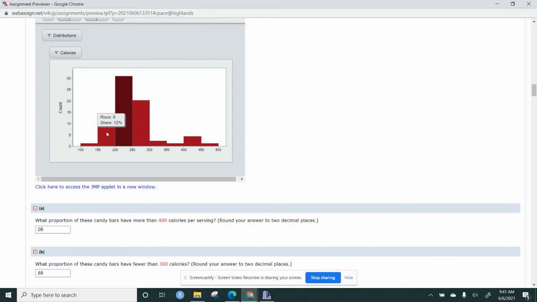Okay. So here, I don't want this whole bar. I really want the middle part. So the easiest thing for me to do is take the number and divide it by 2 and split it in half. So 8 divided by 2 gives me 4. Or I could do the share, which is 12%, and divide that by 2. Okay. So I'm going to do it 2 ways.